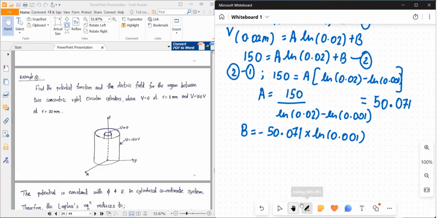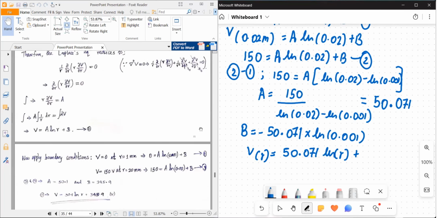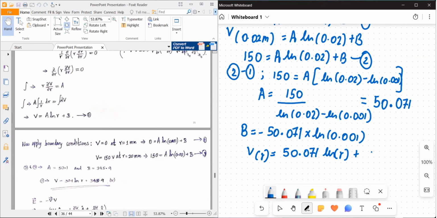So the potential function is going to be V of R is equal to 50.071 ln R plus B. B value is going to be 345.9. So this is the potential function.